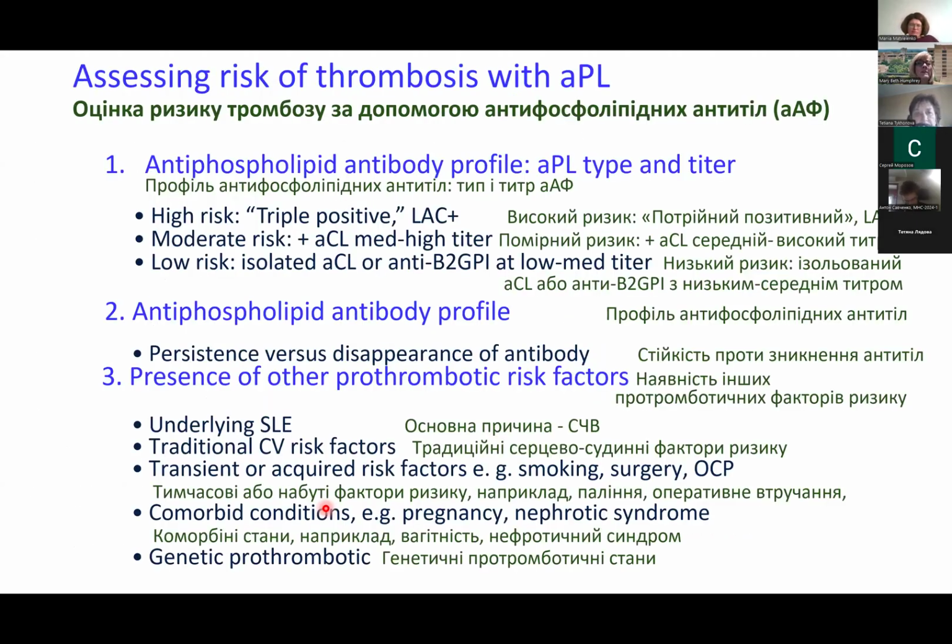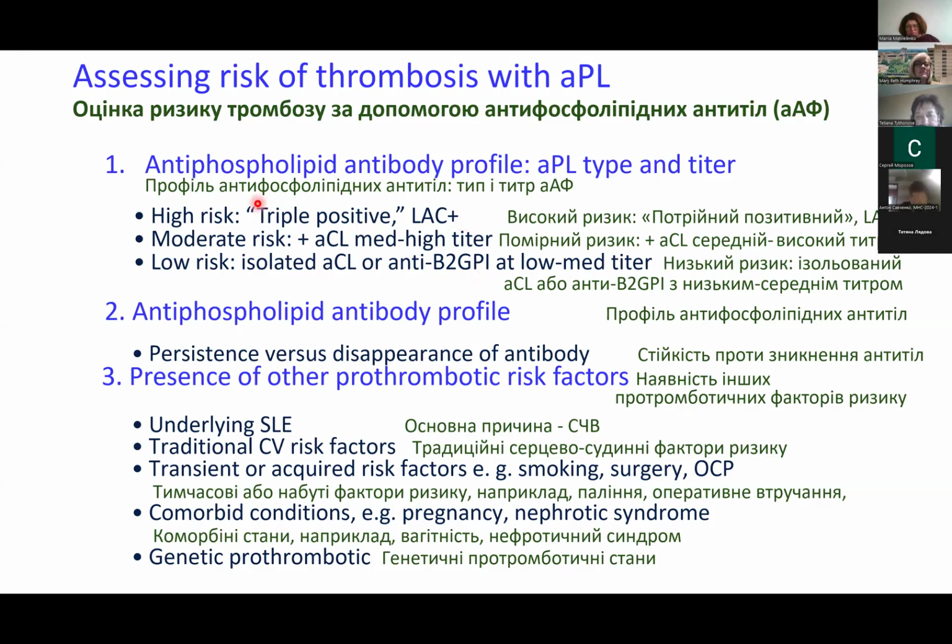So when we think about what the risk is, we've already talked about how certain antibodies can have a higher prediction for thrombosis versus obstetric complications or arterial complications. So what if you have a triple positive antibody? What is a triple positive antibody? This tends to be patients that have lupus anticoagulant plus either anticardiolipin antibodies or beta-2 glycoprotein antibodies, any of those ones that we saw a couple of slides ago.